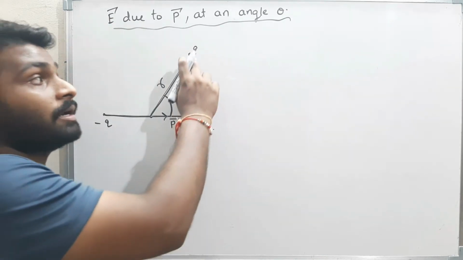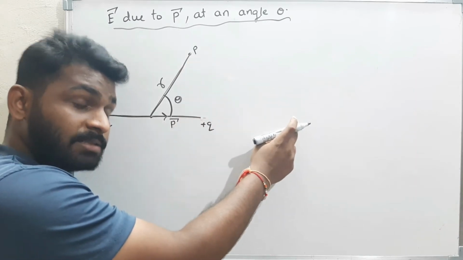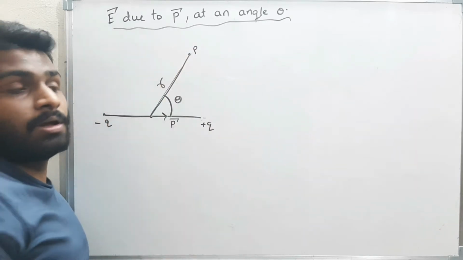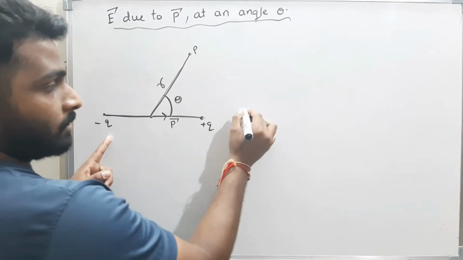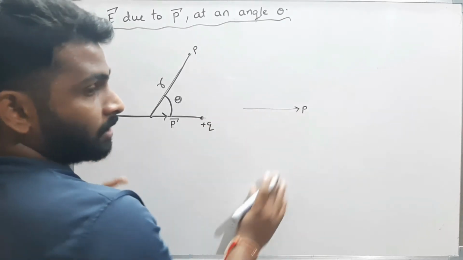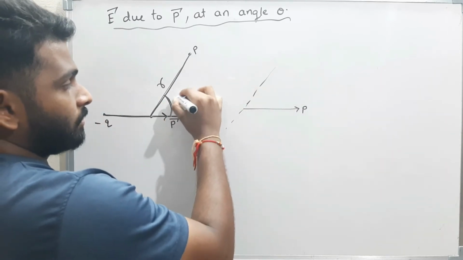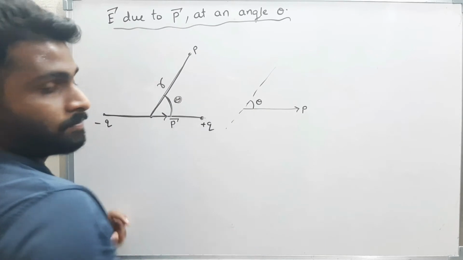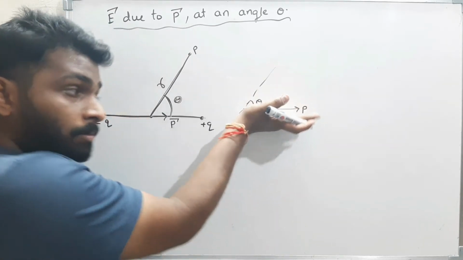Now how can you find the electric field intensity at this point? This point is neither axial nor equatorial. Now see here what I am doing. This is a dipole, and this is making some angle theta. Now I am resolving this dipole into two components, along the angle side and along perpendicular.